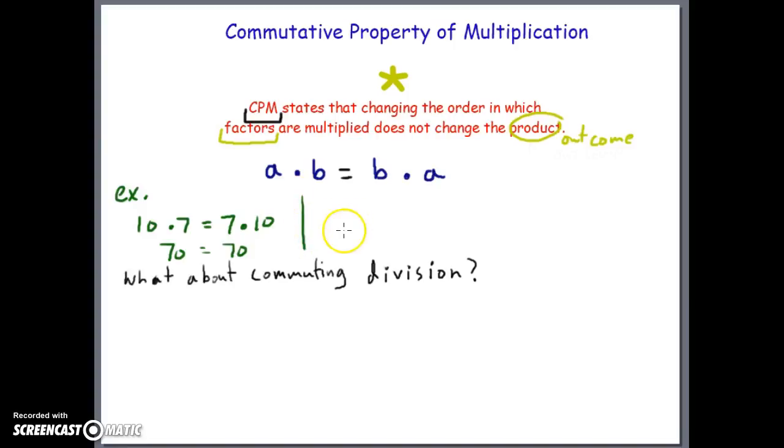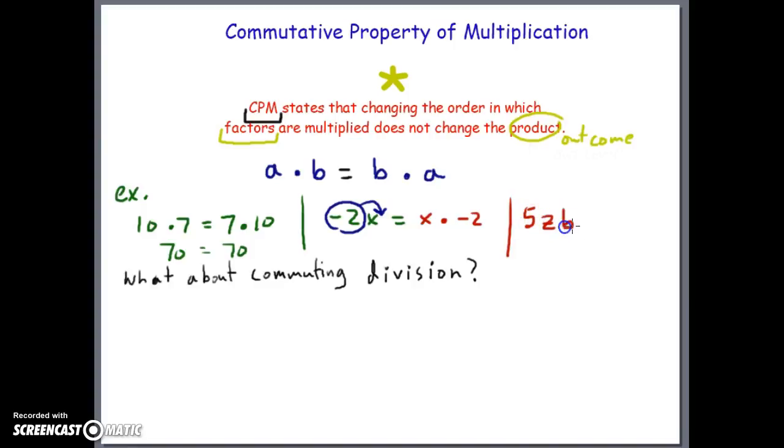Or an even better example is, if we had negative 2x, this is the same exact thing as saying, let's take this factor right here, this factor negative 2, and commute it behind the factor of x, and rewrite it as x times negative 2. So these are the exact same things. We're commuting factors now. With addition, we're commuting terms, things that are being added or subtracted, and now with multiplication, we're commuting our factors.